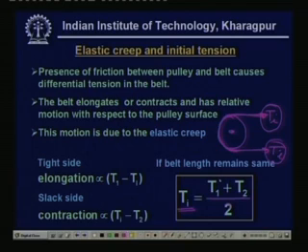If T 2 is 0, then T 1 comes out to be twice the initial tension, T 1 equals twice T I. This is one situation where power transmission is maximum.